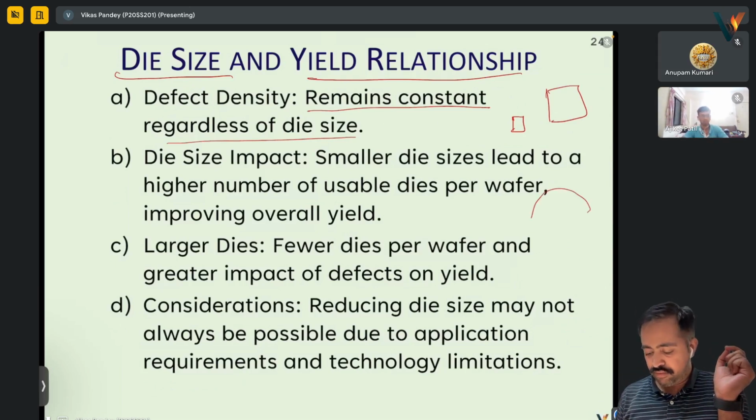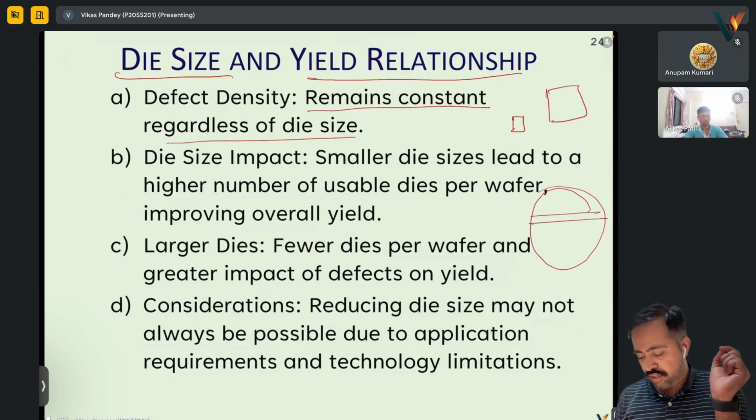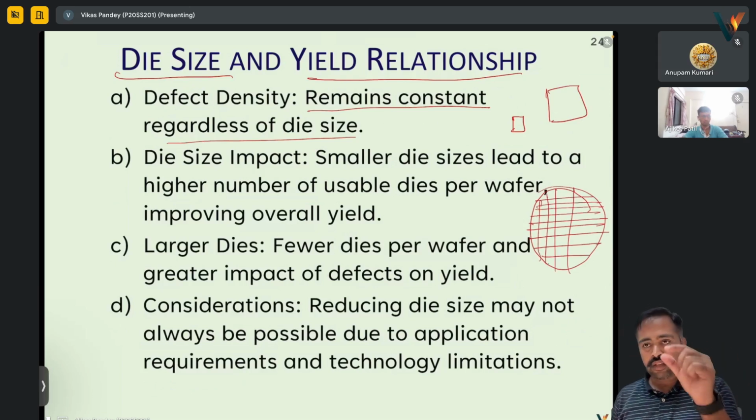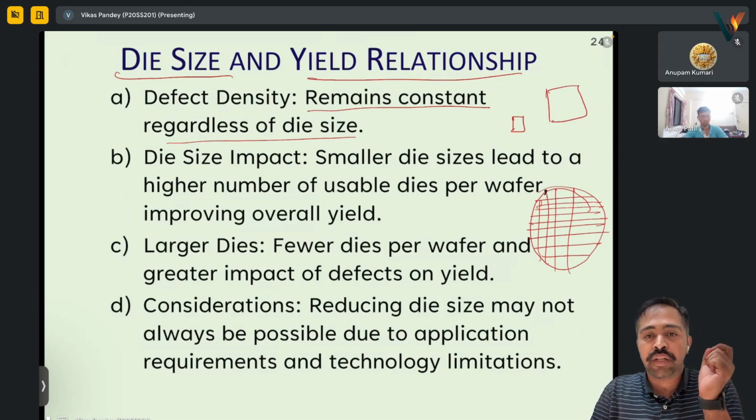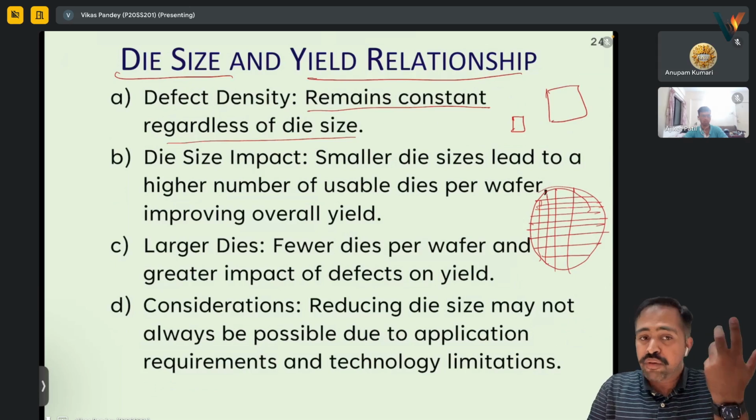If we have a wafer and we are slicing it into smaller dies, the devices are actually small, the die size is small. That will lead to a higher number of usable dies. So our yield or throughput will be large.